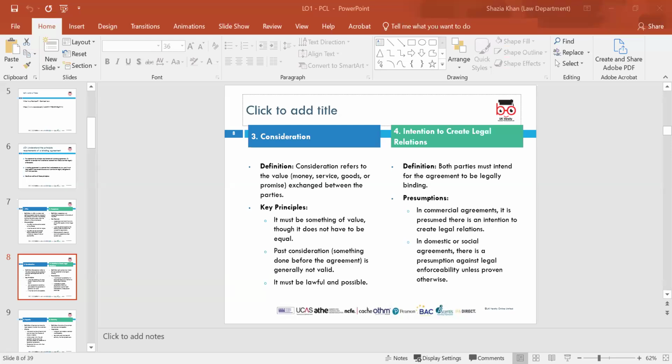For example, an invitation to dinner is not legally binding. And then commercial agreements are presumed to have an intention to create legal relations. In these situations, the parties involved are expected to be legally bound by the agreements, such as a contract for the sale of goods.